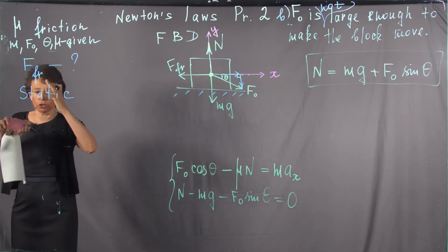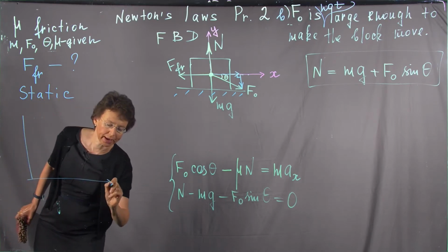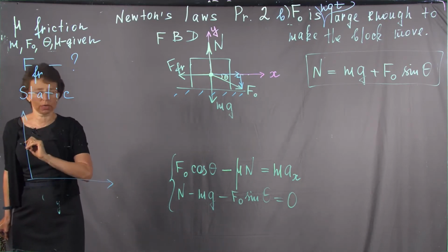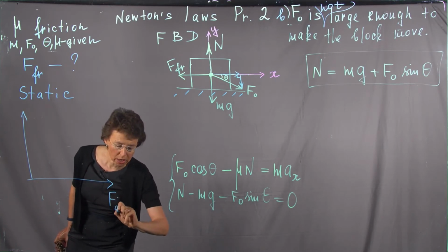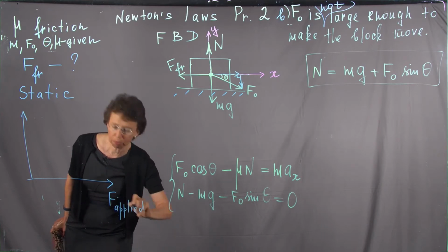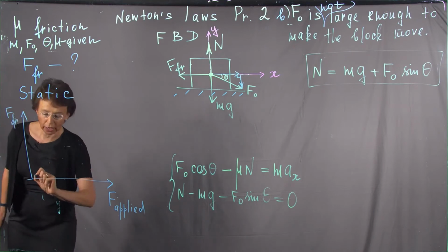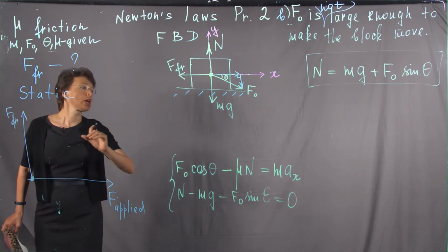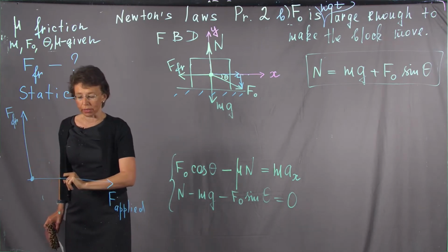So to have a big picture, I will adopt a diagram from Jan Colley's book. I will draw applied force applied to this block versus force of friction. When I don't apply any force, when F naught is 0, then force of friction is 0.